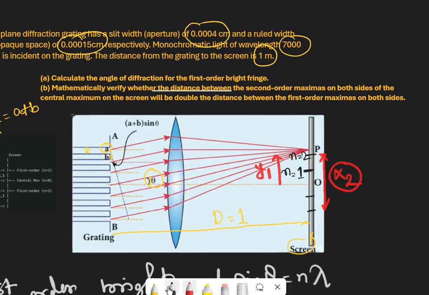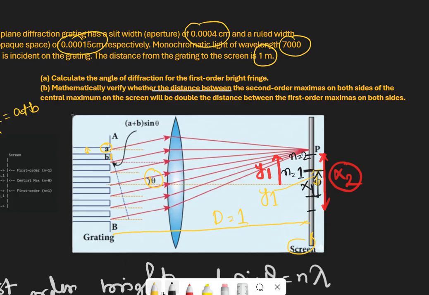Now for first order, here also first order, the first order distance from the central maxima, let's say this is y1. For both sides, from here to here, let's say this is x1.